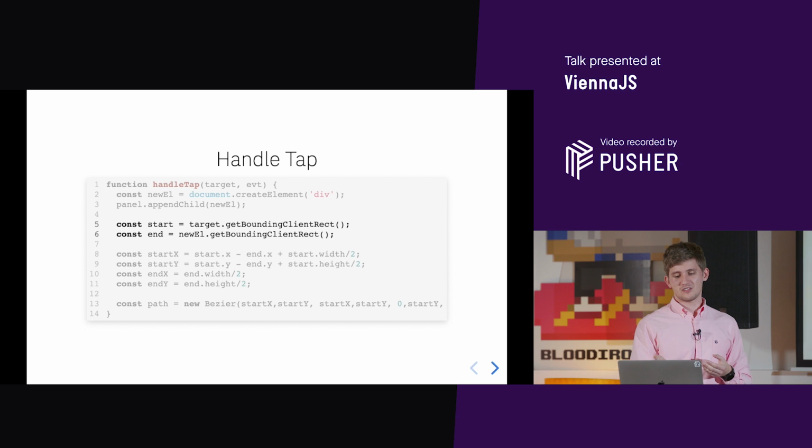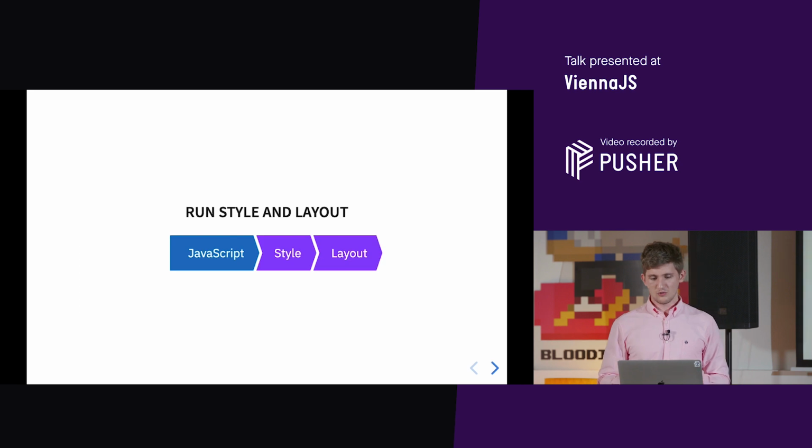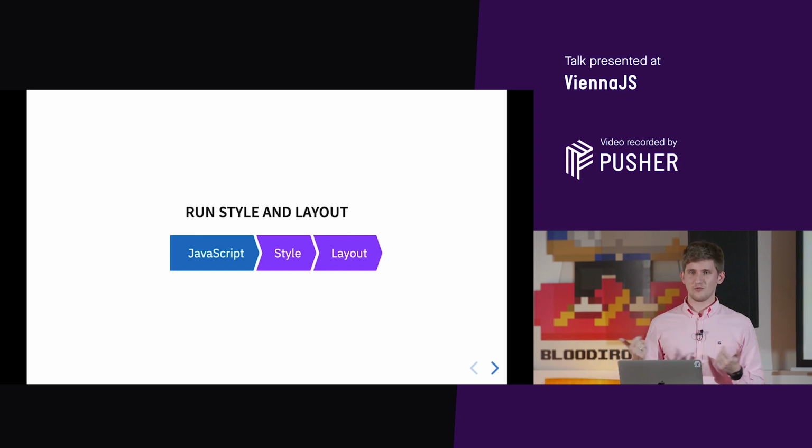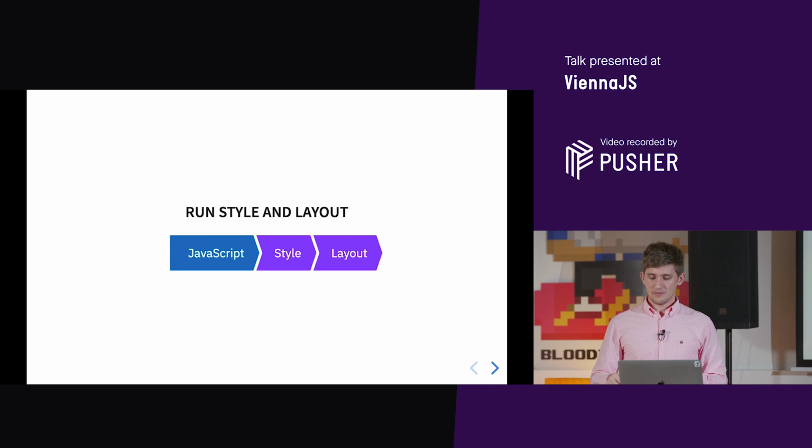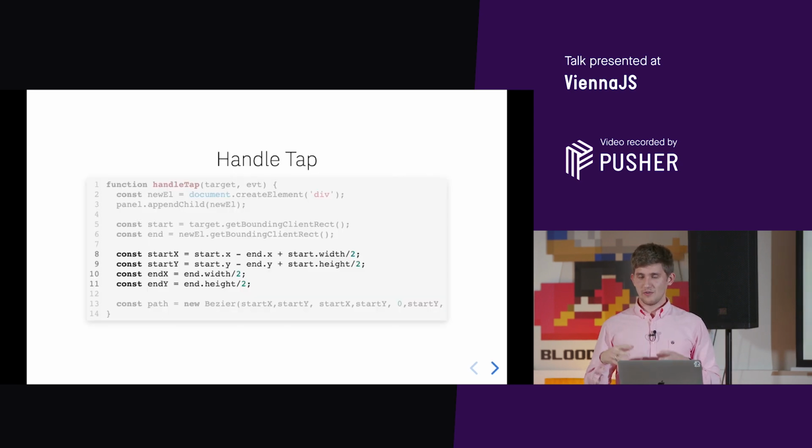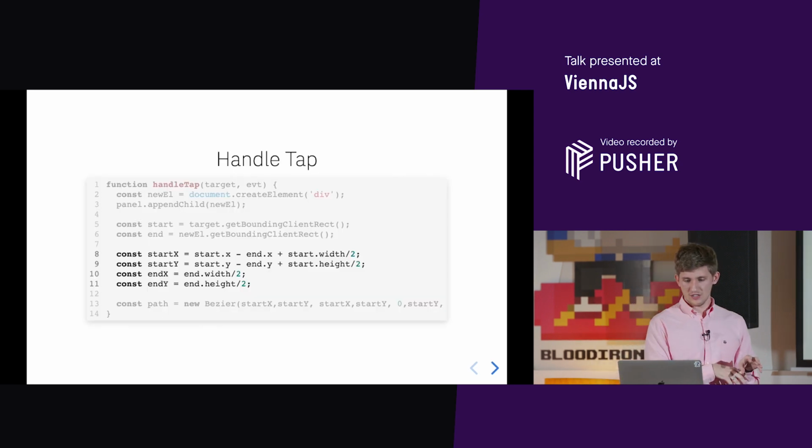So here I have start and end. Nothing on the screen again, but I have positions. I forced the browser to run style and layout, which is expensive, but it's fine because we have 50 milliseconds that users are willing to wait. And I get back values for the start and end position, and I can do all the math right now.